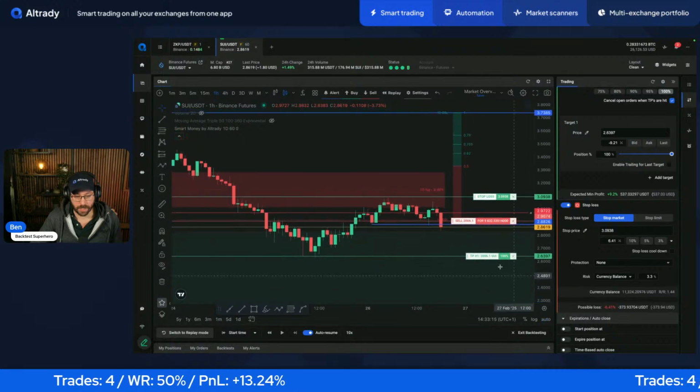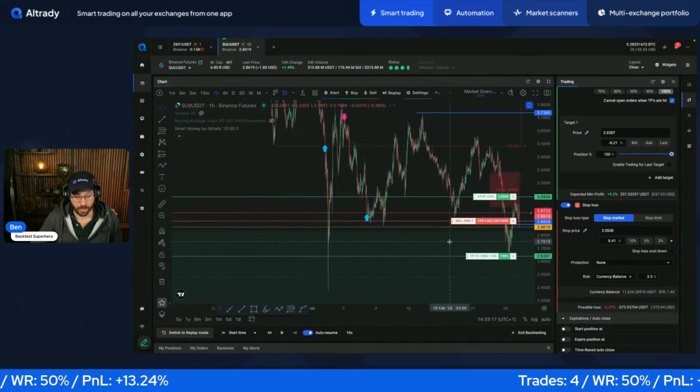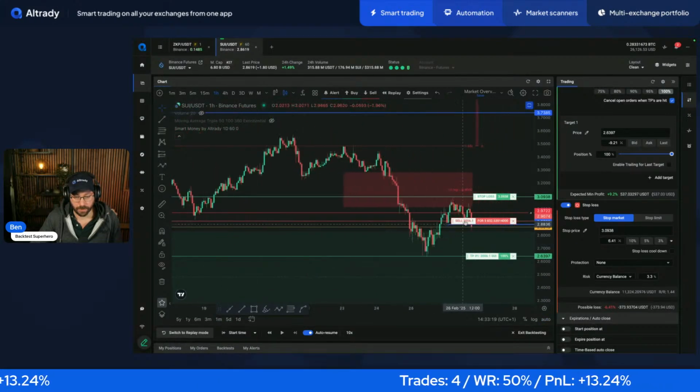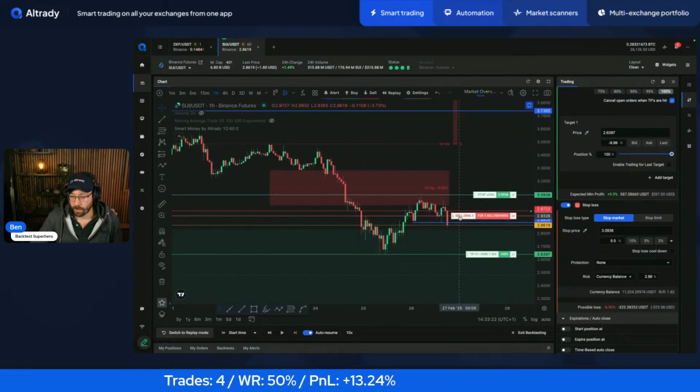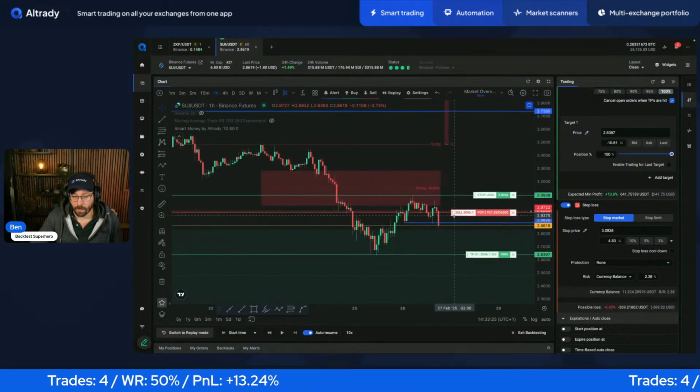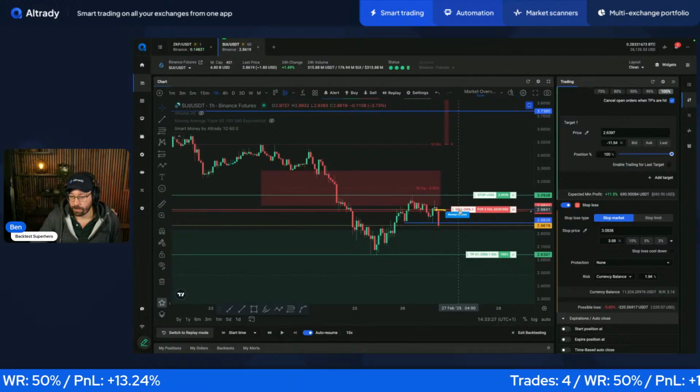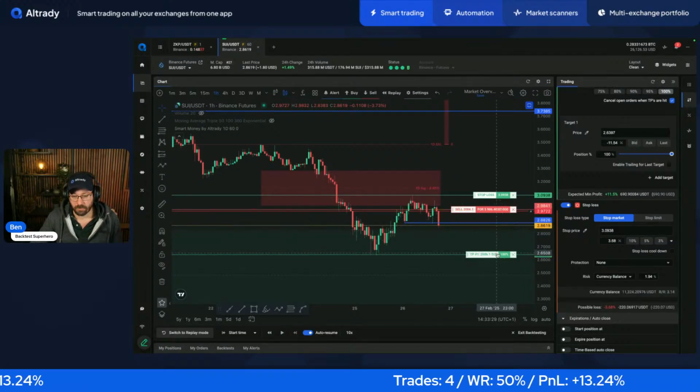Even this is tricky, right? I don't know if moving it up, if there is any. I mean, there's this fair value gap. Yeah, small one.